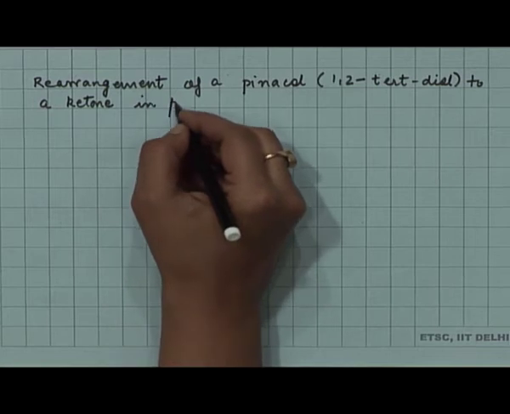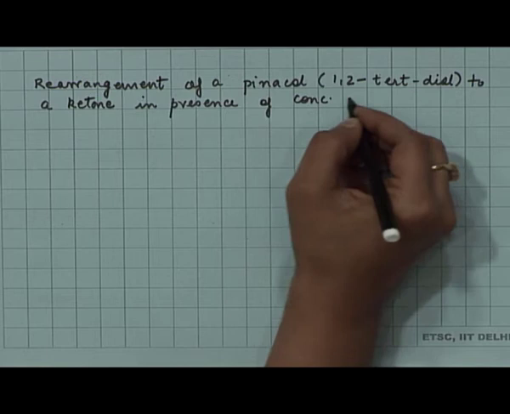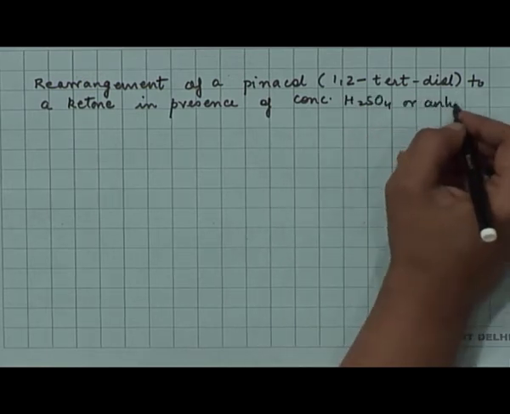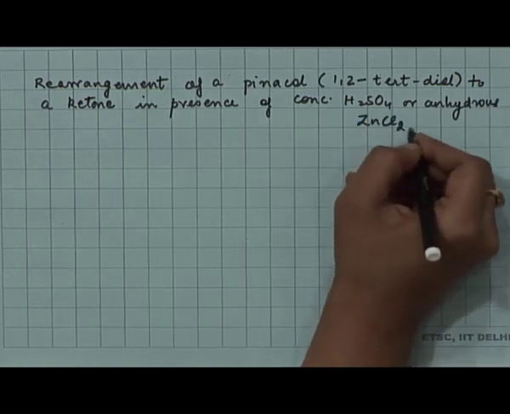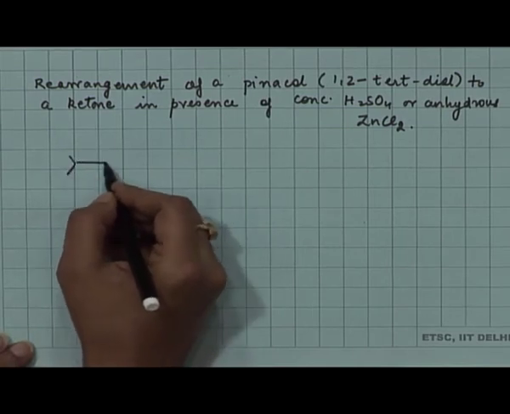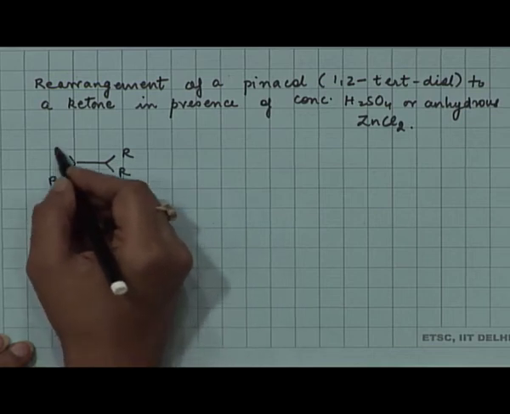The reagent is concentrated H2SO4 or anhydrous zinc chloride. So, the reaction takes place in concentrated H2SO4 or anhydrous zinc chloride to convert a Pinacol to a Pinacolone, and this is what it looks like.